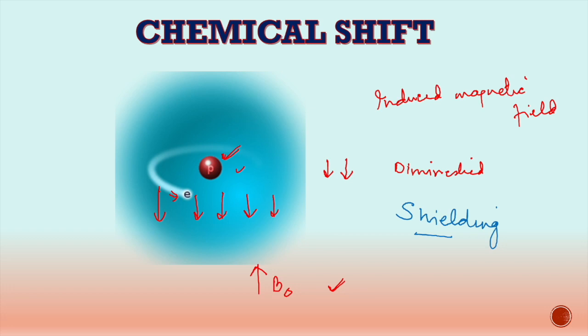Now on the other hand, if the circulation of electrons, specifically the pi electrons, about the nearby nuclei generates a field that can either oppose or reinforce the applied field at the proton depending on the proton's location. If the induced field opposes the applied field, the proton is shielded, like we just discussed.